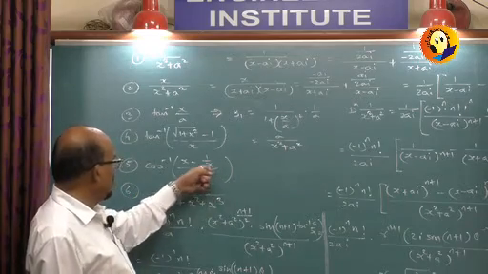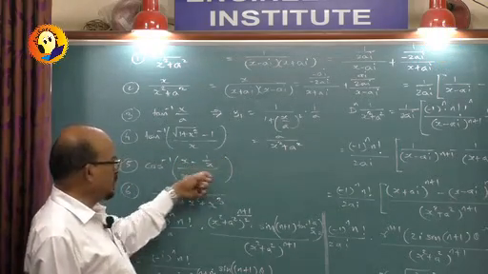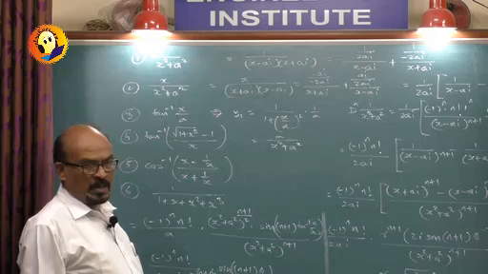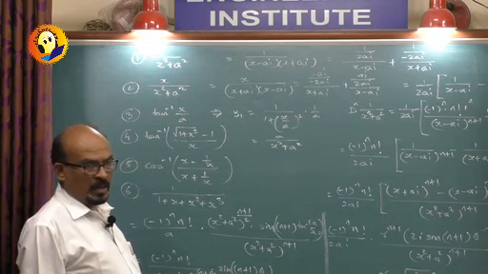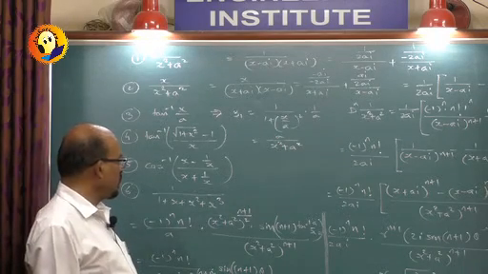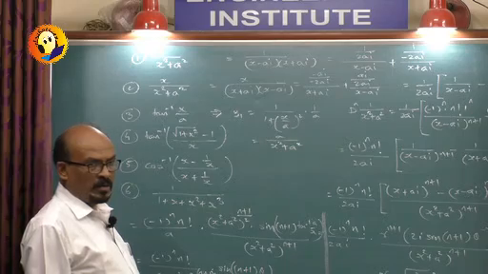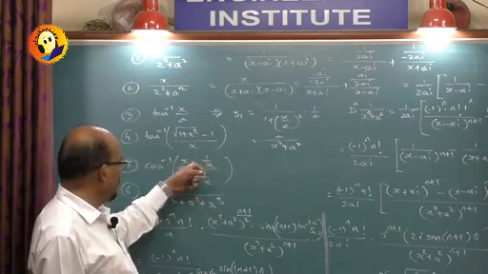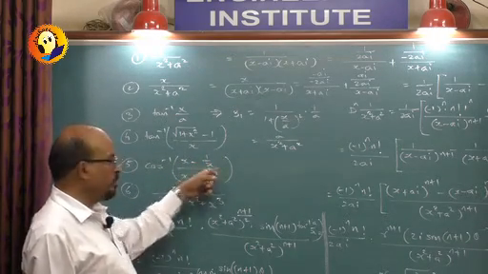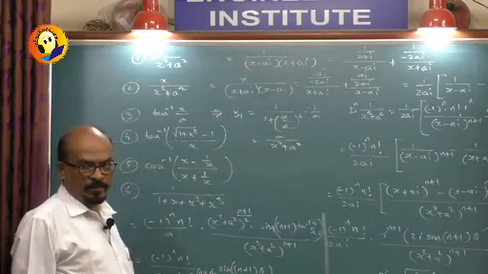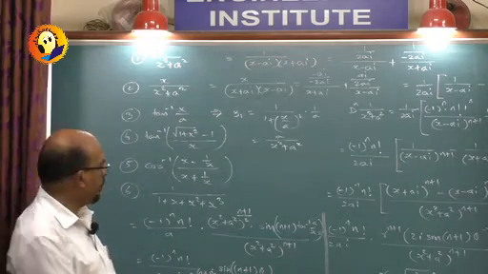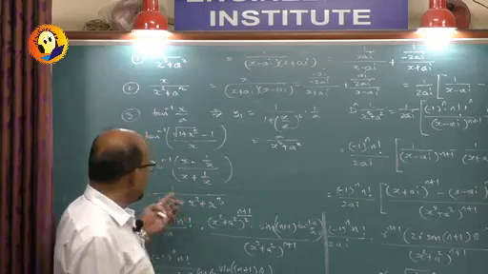What about this? It will be x square minus 1 upon x square plus 1. X equal to cos theta. This is becoming x square minus 1 upon x square plus 1. But minus sign, how will you adjust?